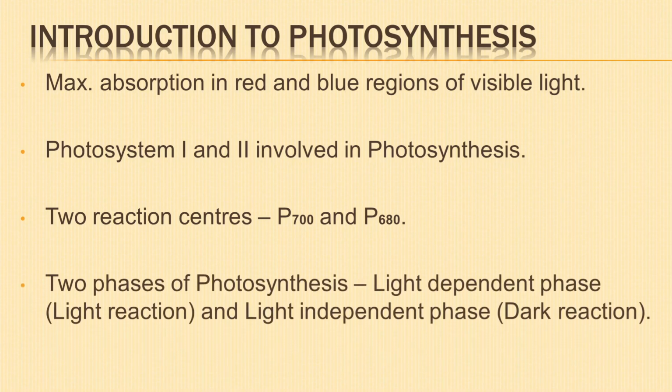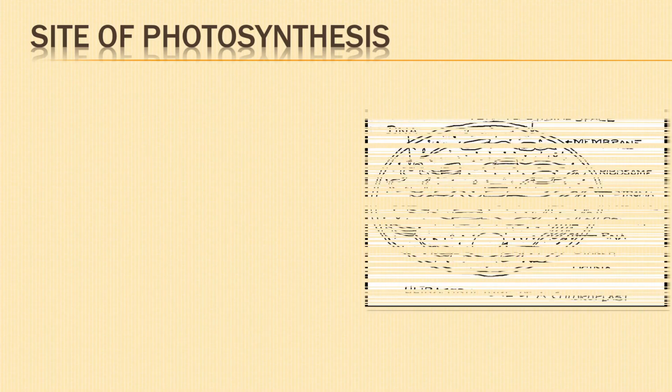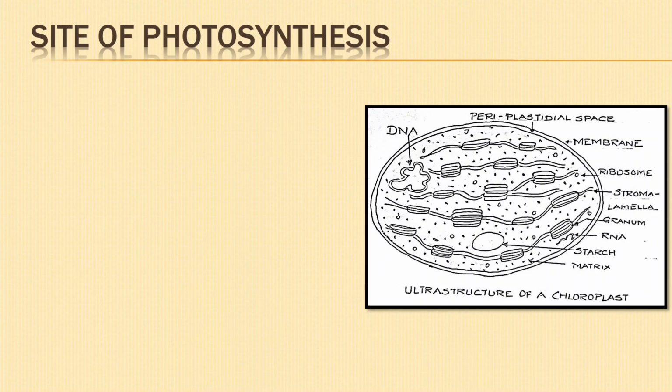Mechanism of photosynthesis involves two distinct phases: light-dependent phase or light reaction and light-independent phase or dark reaction, otherwise known as Calvin cycle. Let us learn about the structure of chloroplast, which is the site of photosynthesis.